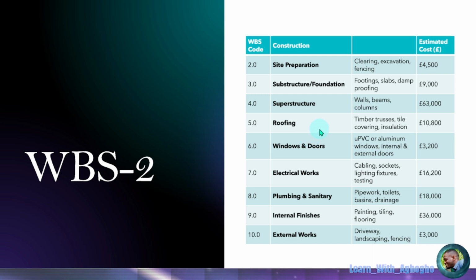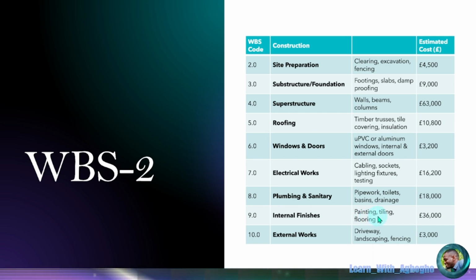The next on the list is our windows and doors. And we'll move to the other section of the work breakdown structure, which is electrical works. Plumbing and sanitary works, that is pipe work, toilets and basins, drainage. We'll be working on the next part of the work breakdown structure, which is internal finishes.